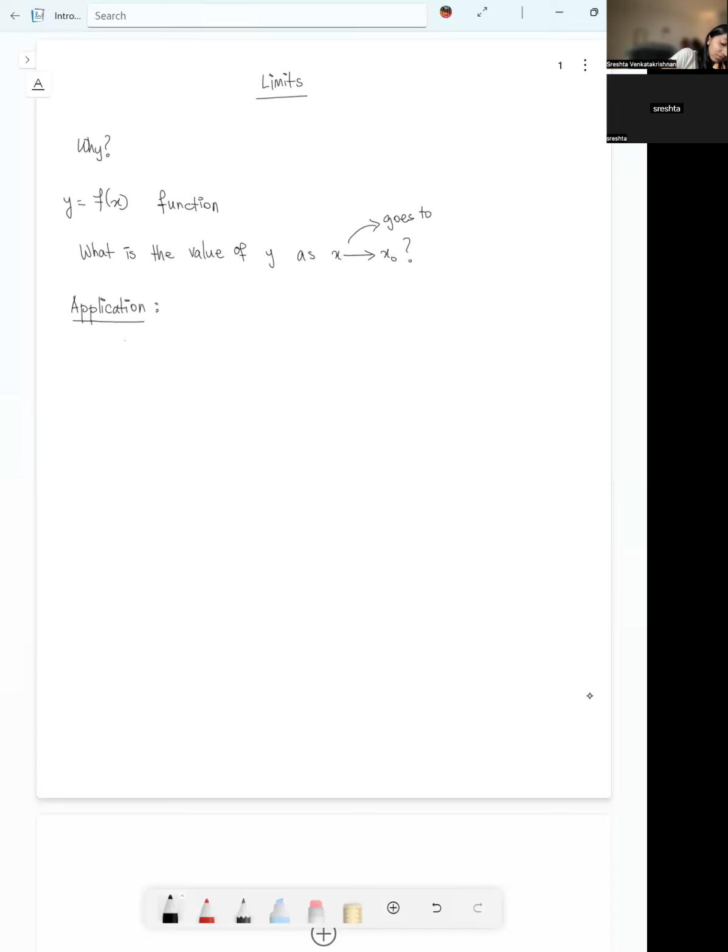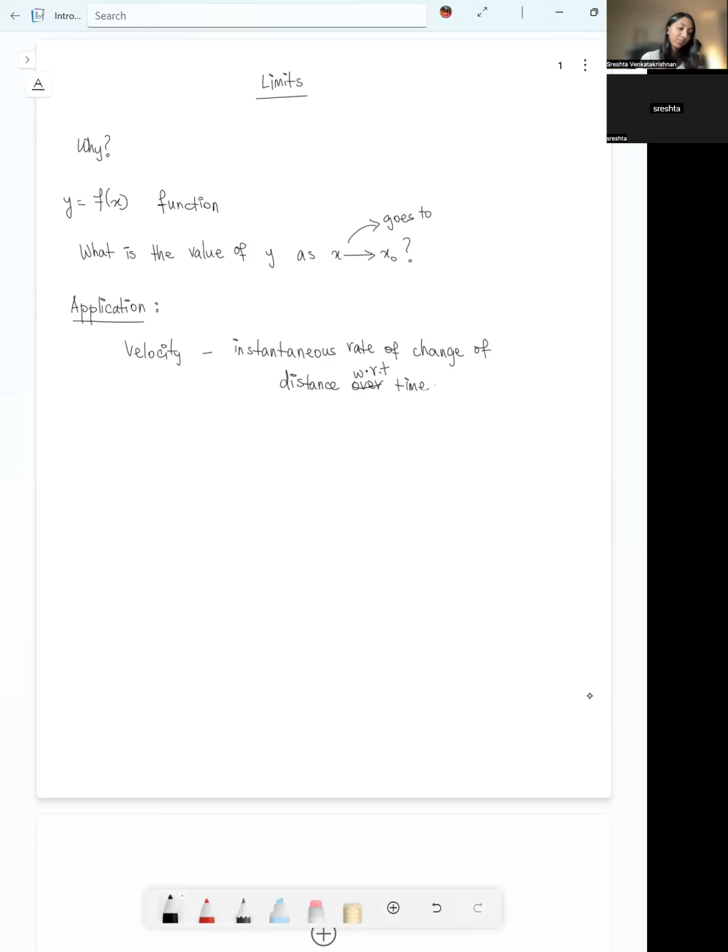In comparison to speed, which is defined as the distance covered over the time taken to cover that distance, velocity is defined as the instantaneous rate of change of distance with respect to time, right? That's velocity.